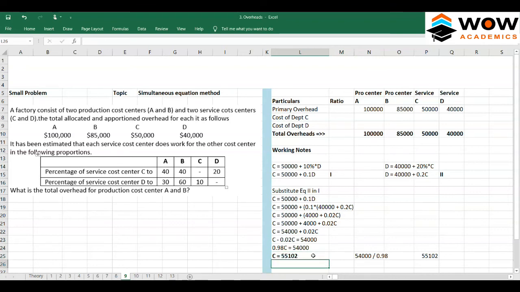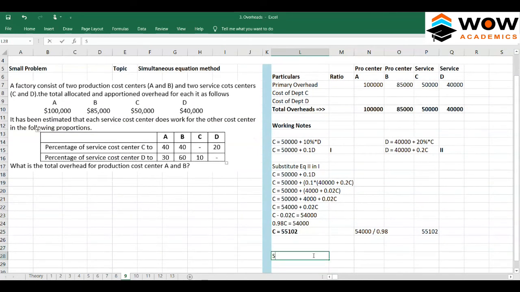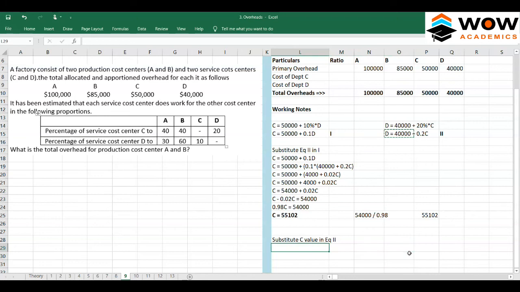So C refers to 55,102. Now what you can do is substitute this C value in equation 2. We know the C value, which is 55,102.